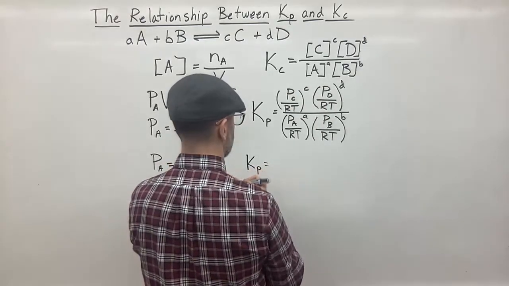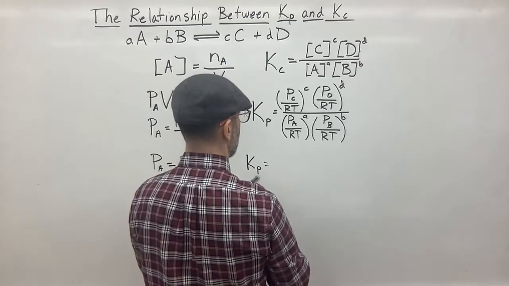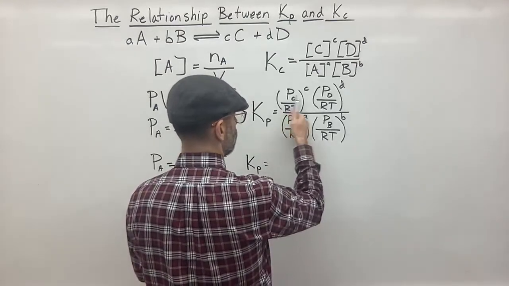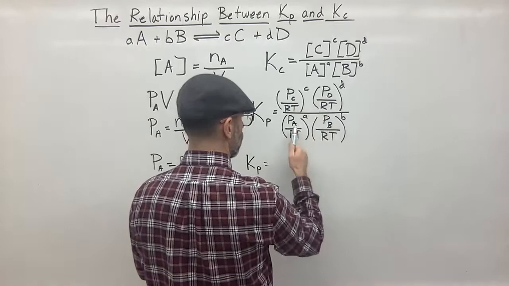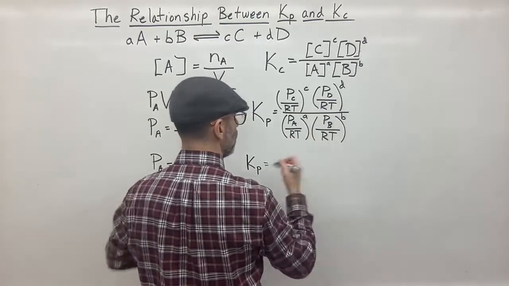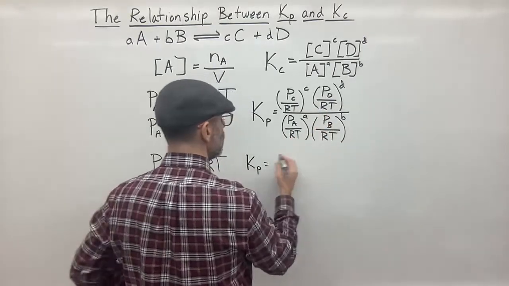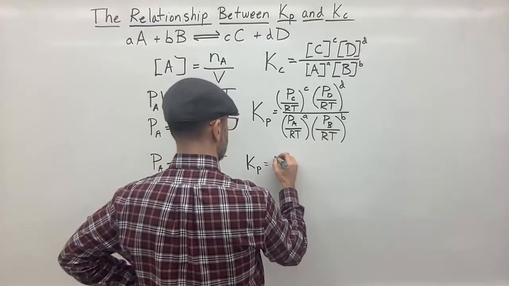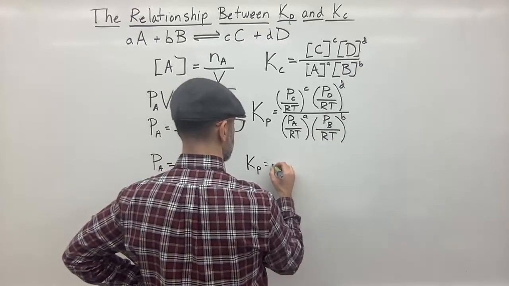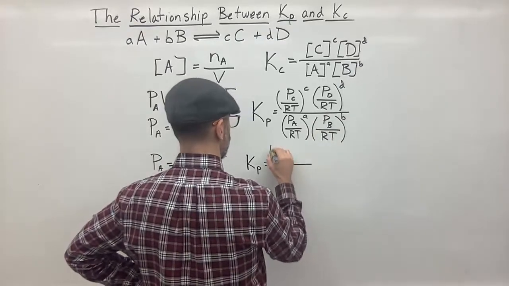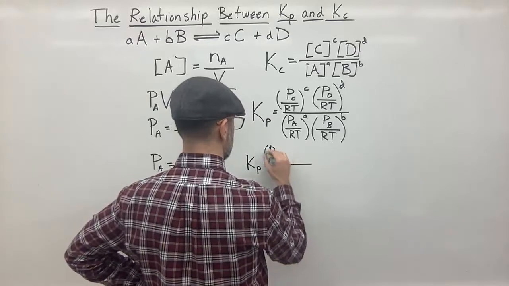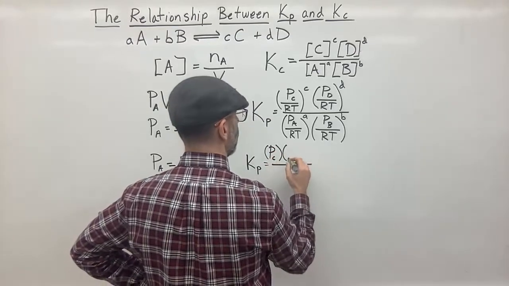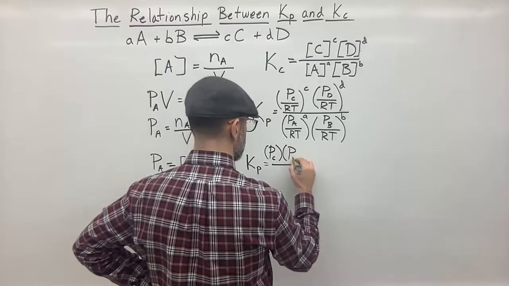Another way you could think about it is pulling out the PC's and PD's, or the PA's and PB's. So we'll take PC multiplied by PD.